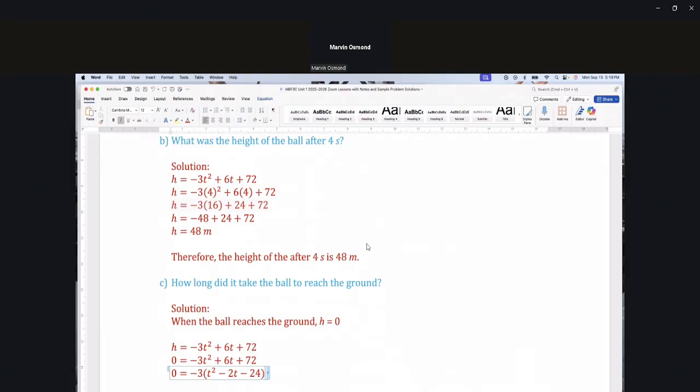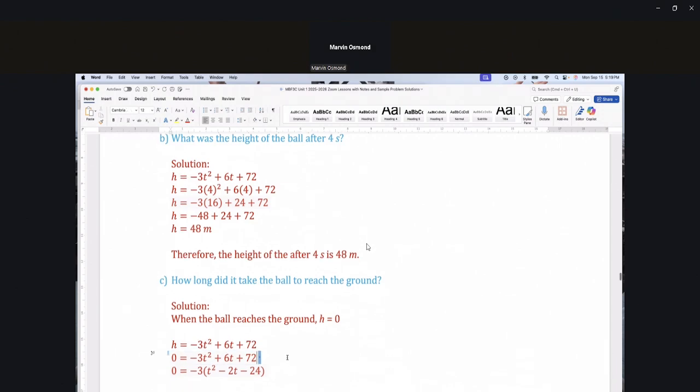We'll close the bracket. So what we've done now is we've common factored. So we've done that.